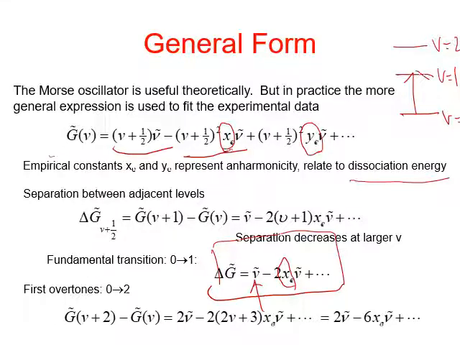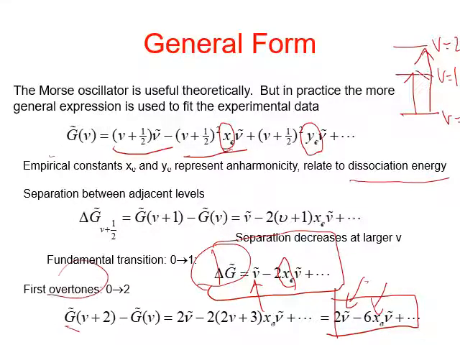The first overtone prediction also includes the natural frequency of the vibrator and the anharmonicity constant. Now, the fundamental transition frequency and the first overtone can be easily measured by infrared absorption spectroscopy. Then using these two equations, we can calculate the natural frequency of the vibrator and the anharmonicity constant xe. I will show you in the next slides.